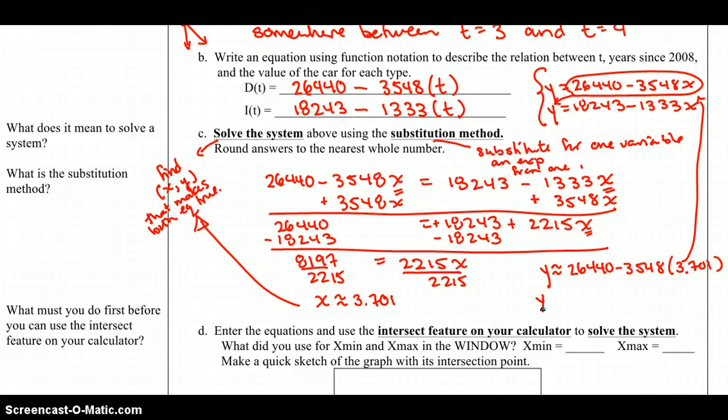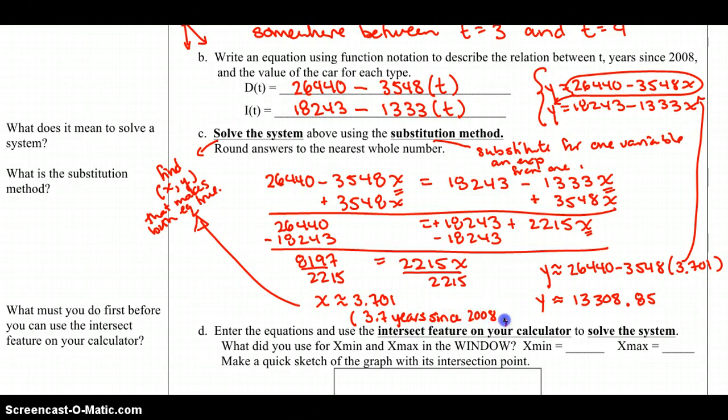So if we take 26440 minus 3548 times 3.701, we get roughly 13,308.85.